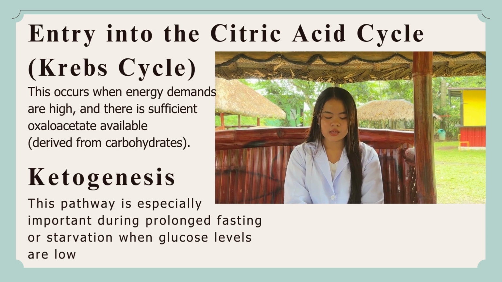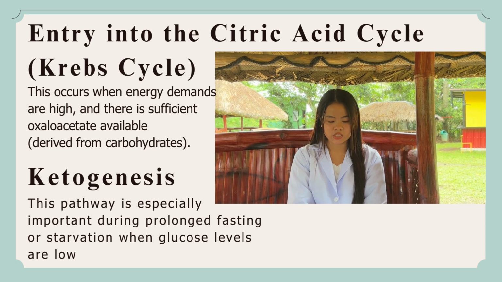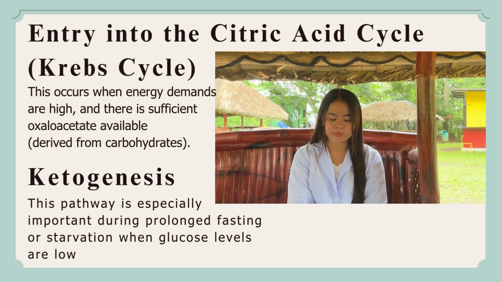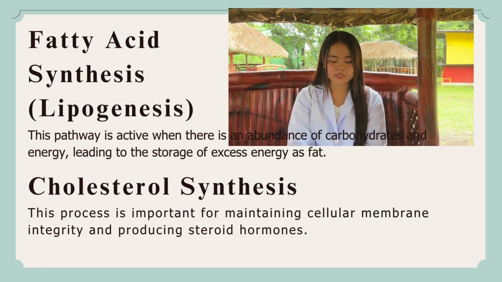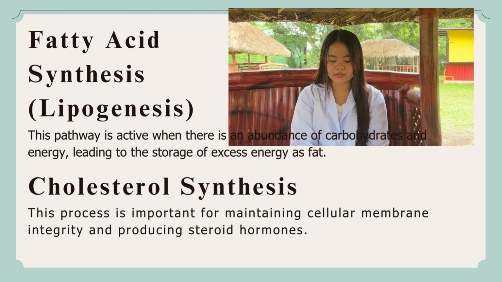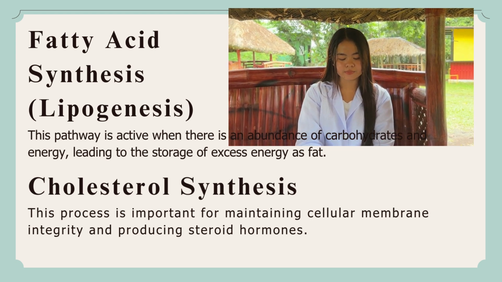Ketone bodies serve as an alternative energy source for various tissues, including the brain, during prolonged fasting or carbohydrate restriction. This process is important to maintain cellular membrane integrity and producing steroid hormones.